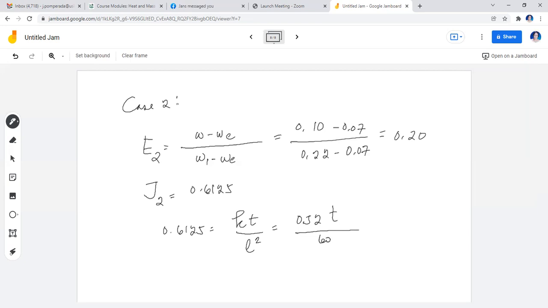So 60 divided by 2 squared. So you will have your new drying time for the new condition for case 2, that is. So your 0.6125, we multiply 230 squared and we divide by 0.52. That should give us 1060.10 kiloseconds.